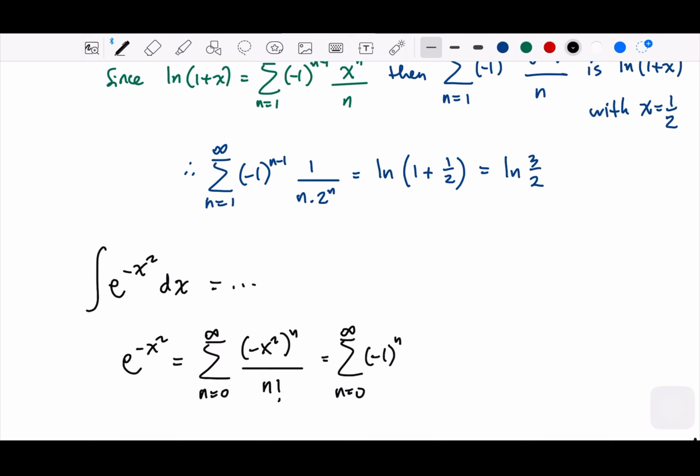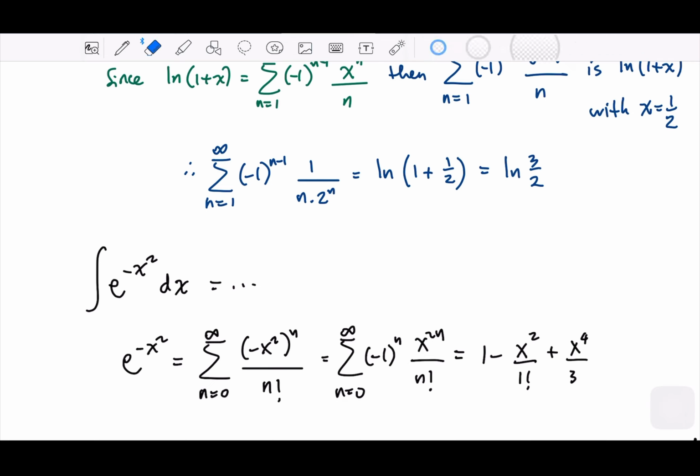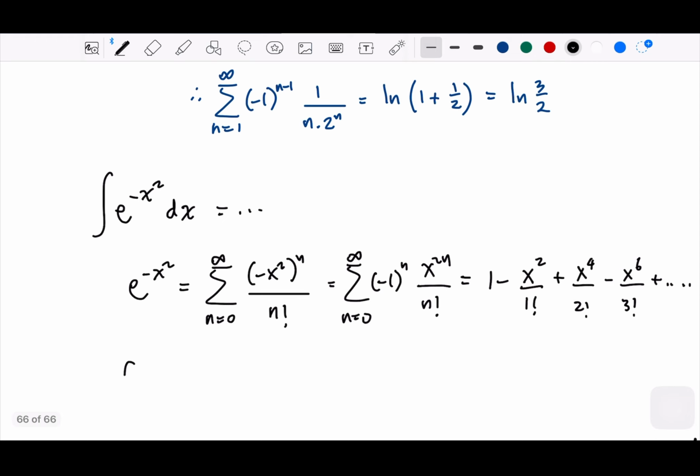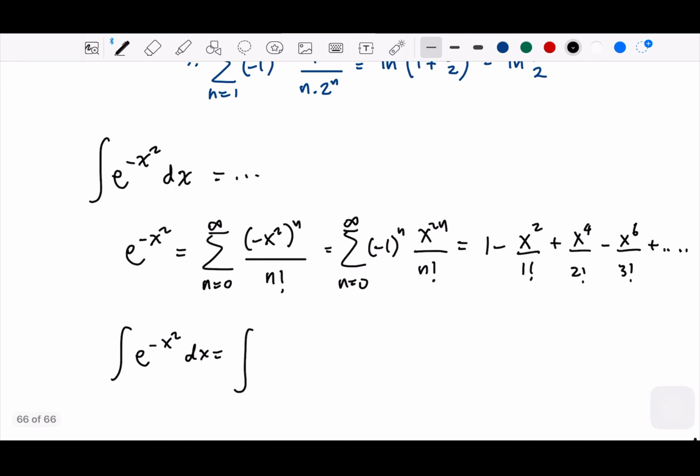So it's alternating, and we can take the integration and then write all the patterns.